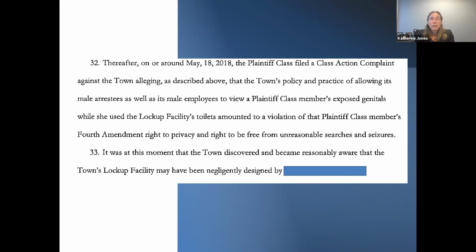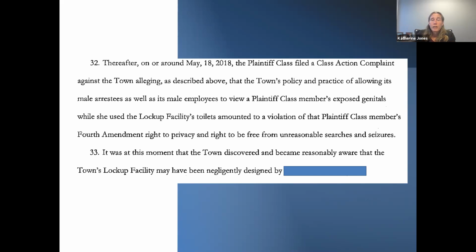And there are toilets in the lockup facility, in specific cells, but there's a screening bar, and the allegation was that if a male walked by, they could actually see females using the toilet facilities. And the argument was that it violated those prisoners' rights.